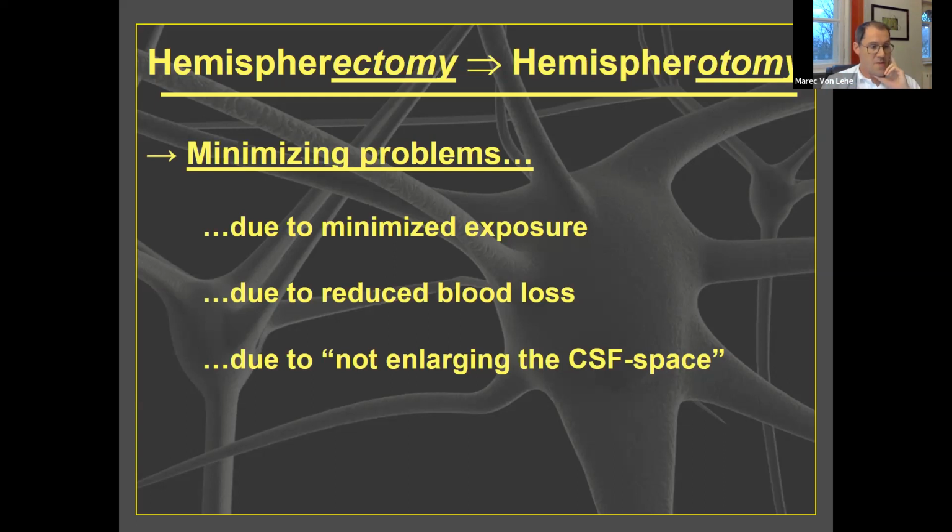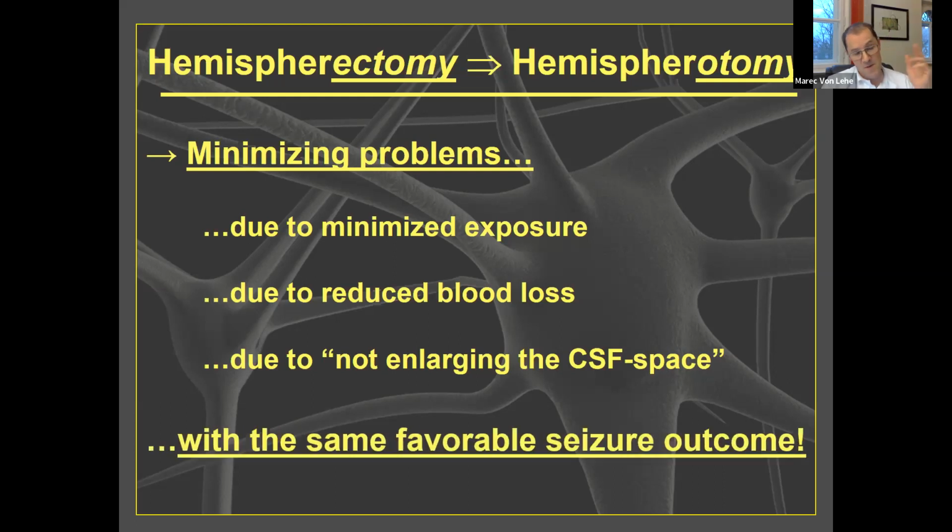And most problems in the long run follow this enlarging of the CSF space. You have a large resection cavity filled with CSF, and most problems, hydrocephalic problems, might arise from this issue.